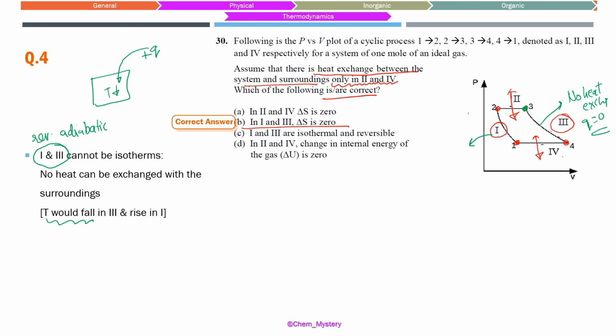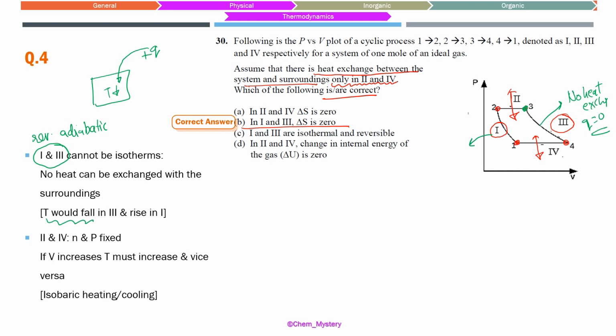Now for the second and fourth processes, because the number of moles is fixed, which we have to assume since no information has been given, as we have assumed in all cases of thermodynamics in the gaseous state.